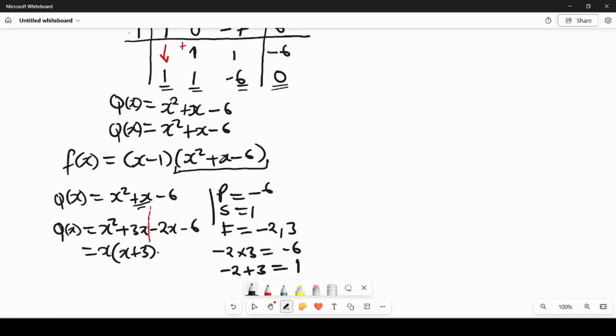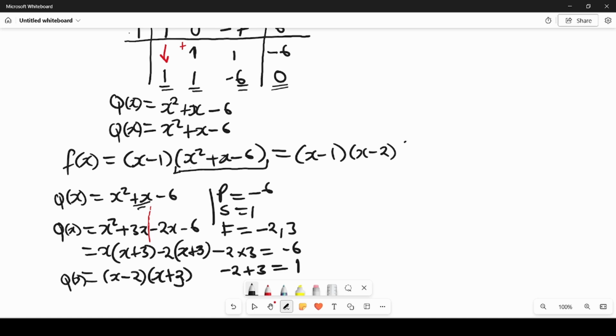In the last two terms, what is common is negative 2, and x plus 3 remains. Then factorizing, you get x minus 2 times x plus 3. That is our quotient. So this polynomial can be written as a product of its factors: x minus 1, then x minus 2, then x plus 3. These are the factors.